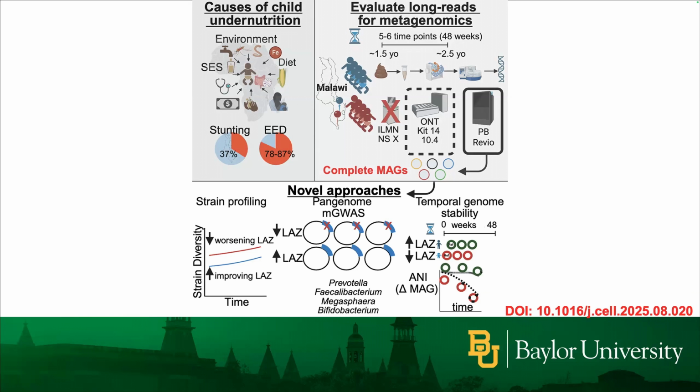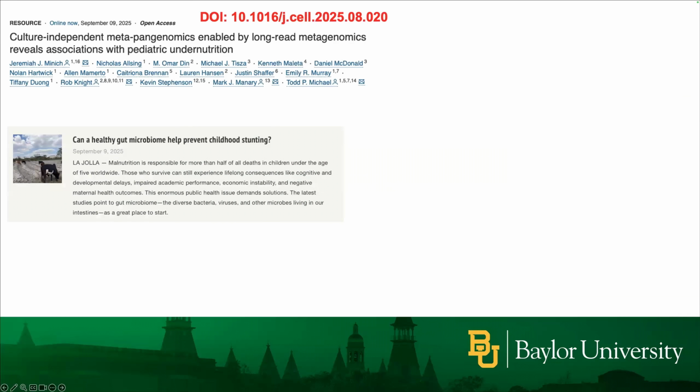We also performed pangenome analyses and microbial GWAS from these genomes. And we also show how genome stability could be a new way of understanding gut health, which is really only feasible using long reads.